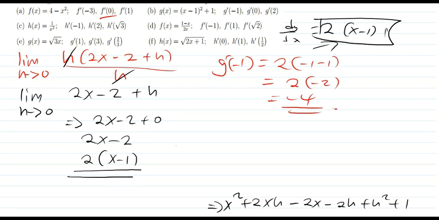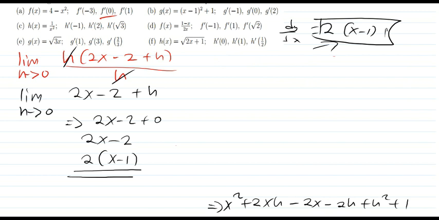If I put 0, let's see, g prime of 0 will be 2, I'll have 2 negative, what?